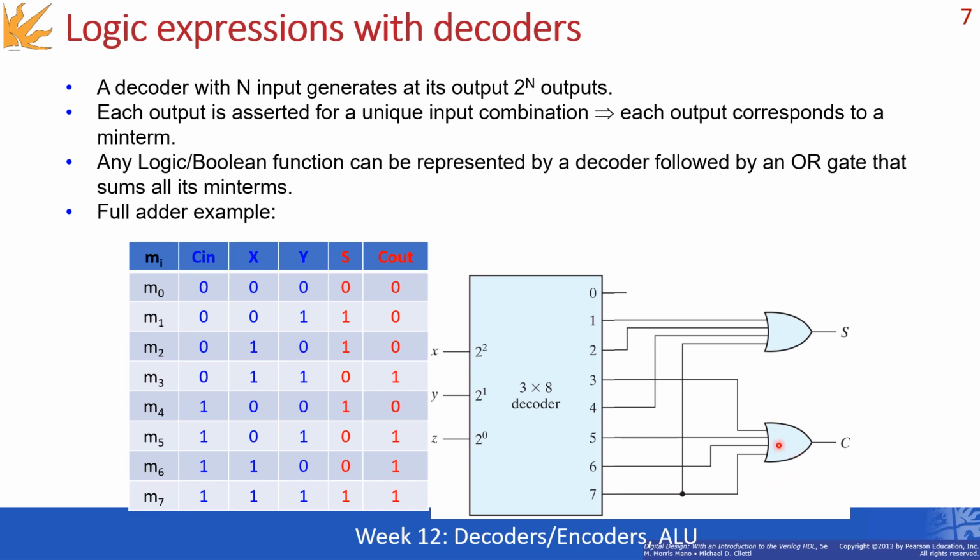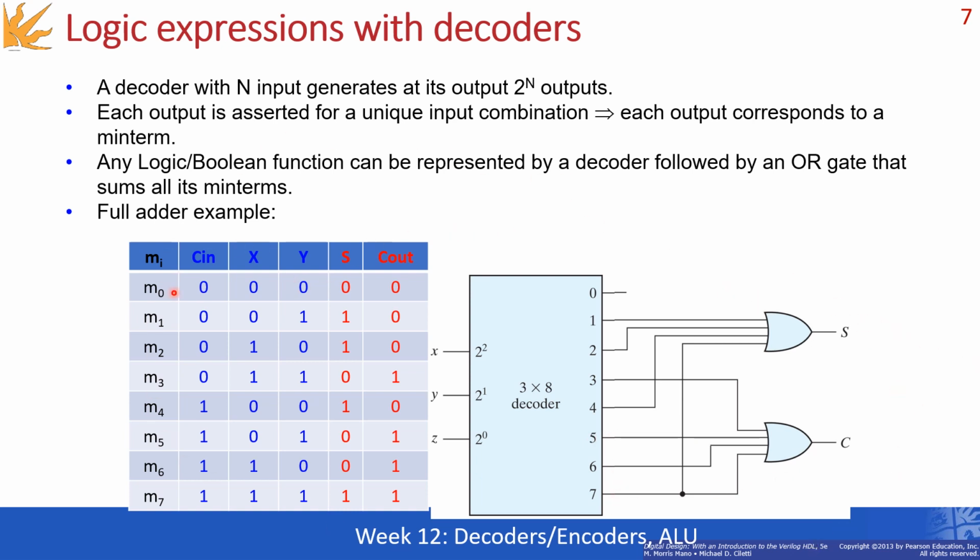As for the carry out, we have again an OR gate, and again we are summing all of the minterms for which the carry out should be 1. In other words, 3, 5, 6, and 7. Let's see it also here, 3, 5, 6, and 7.